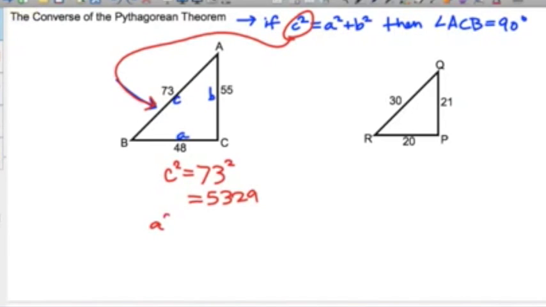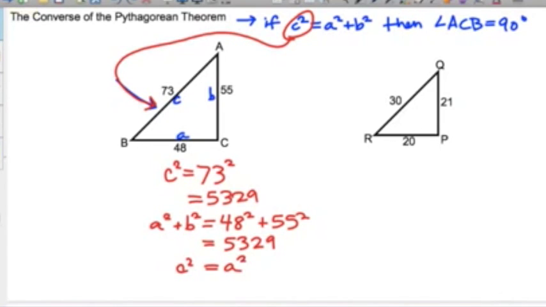A squared plus b squared equals 48 squared plus 55 squared, which also equals 5,329. So c squared then does in fact equal a squared plus b squared.